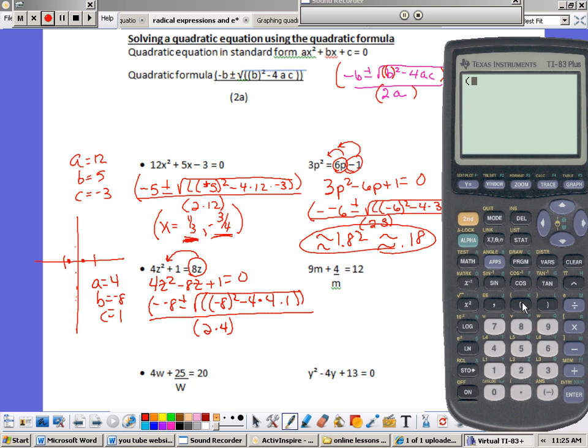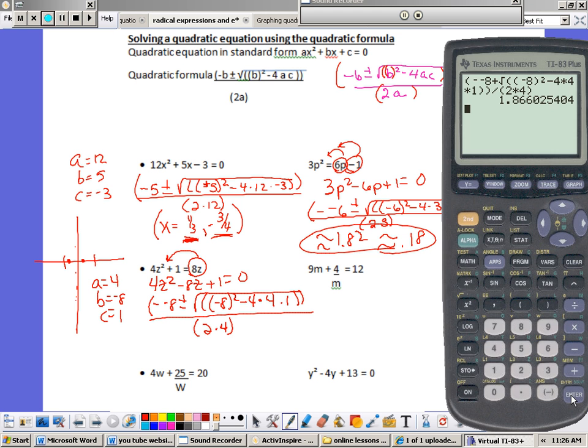Negative, negative 8 plus the square root of negative 8 squared minus 4 times 4 times 1, divided by 2 times 4.